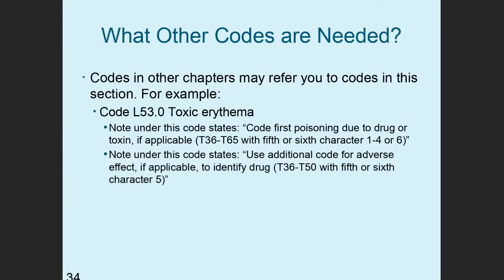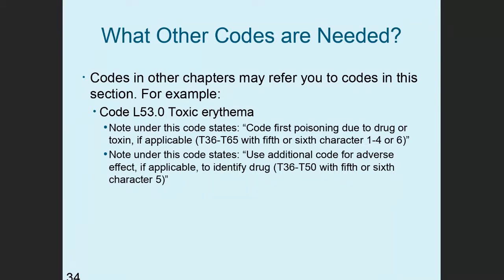What other codes might be needed? Codes in other chapters might refer you back to the table of drugs and chemicals. For example, L53.0 toxic erythema, there's a note under this code stating code first poisoning due to drug or toxin if applicable, and it gives you the codes and the 5th or 6th digit.